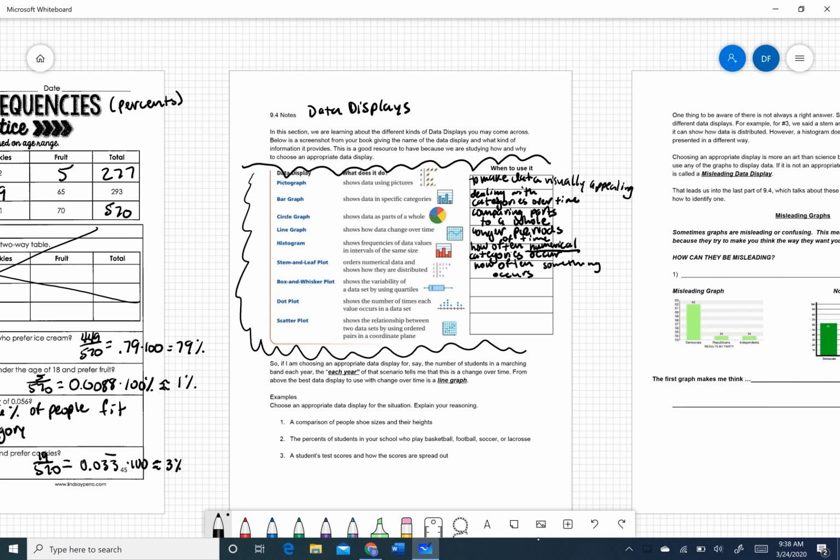And so when you have multiple different data sets, a large number of data sets, you can use it to display how someone is doing or how they did in comparison to the others.